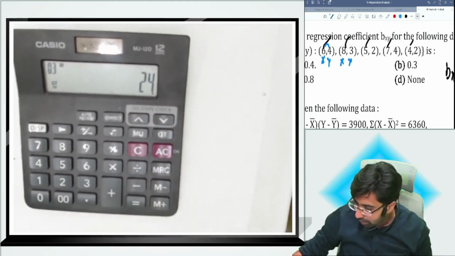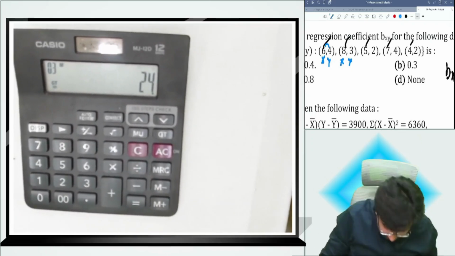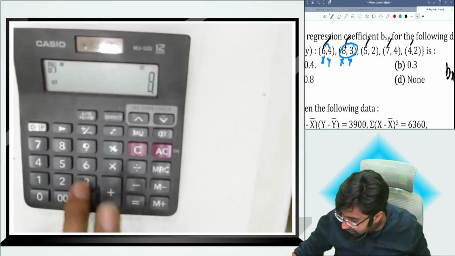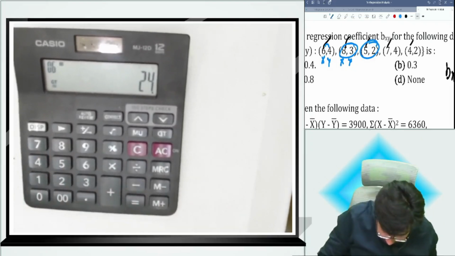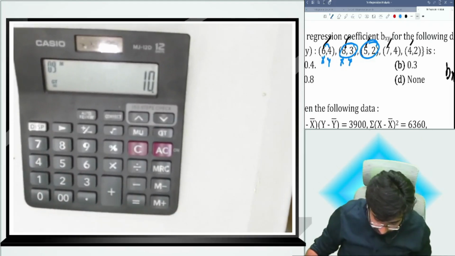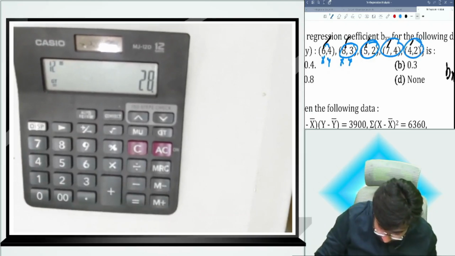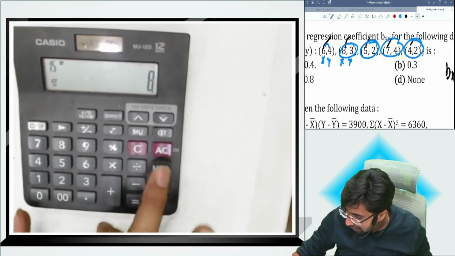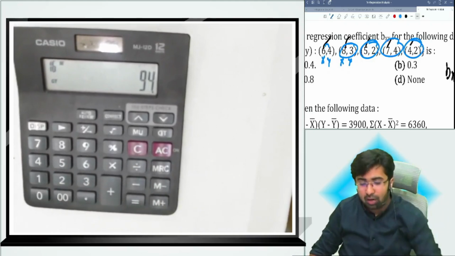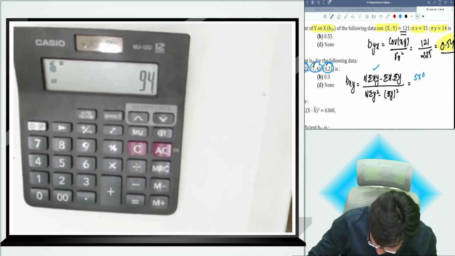Then 8 into 3, M plus. 5 into 2, M plus. Then 7 into 4, M plus. 4 into 2, M plus, then MRC. Guys, how much is it? 94.